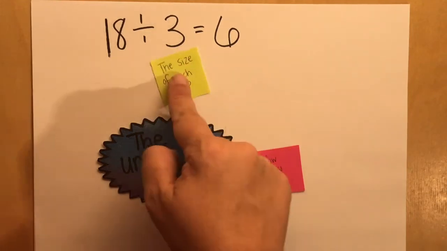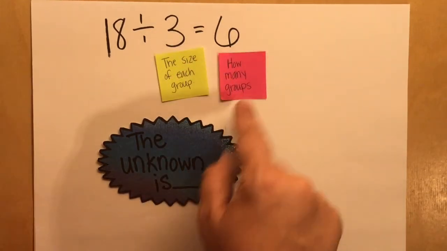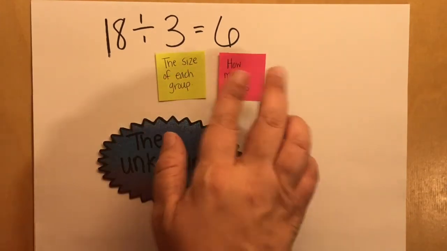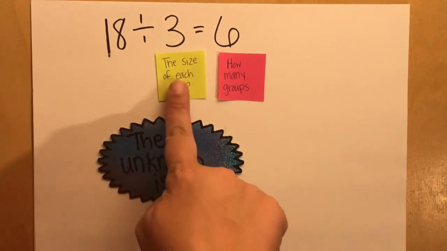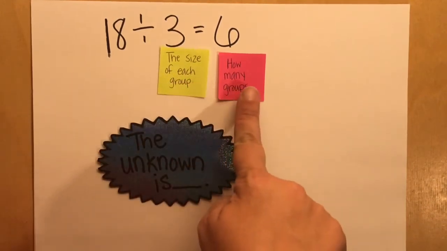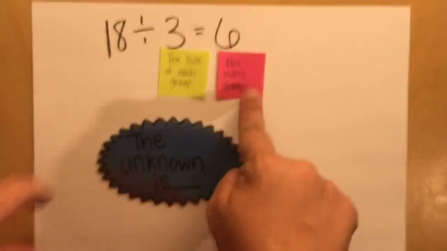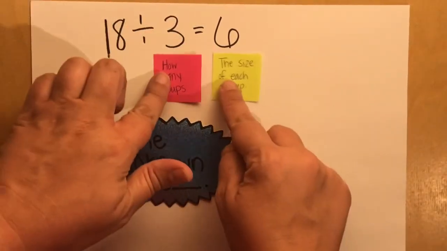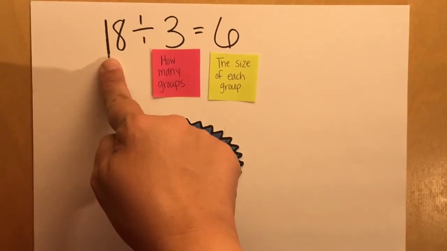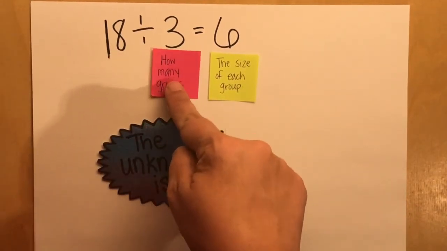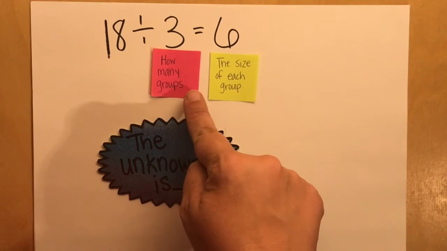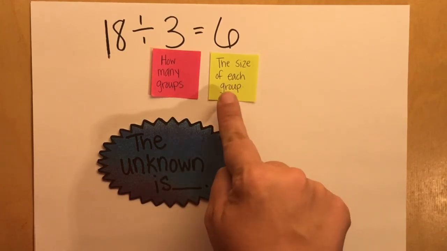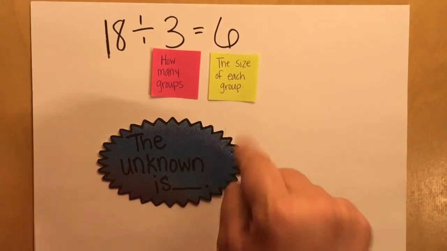So deciding if your numbers are going to show that you start with a certain number, you know the size of each group, but you need to find out how many groups you have, or if your numbers are going to mean something different, where you still start out with that amount, but this time this number will show you how many groups you start out with, and what you need to find out is the size of each group.